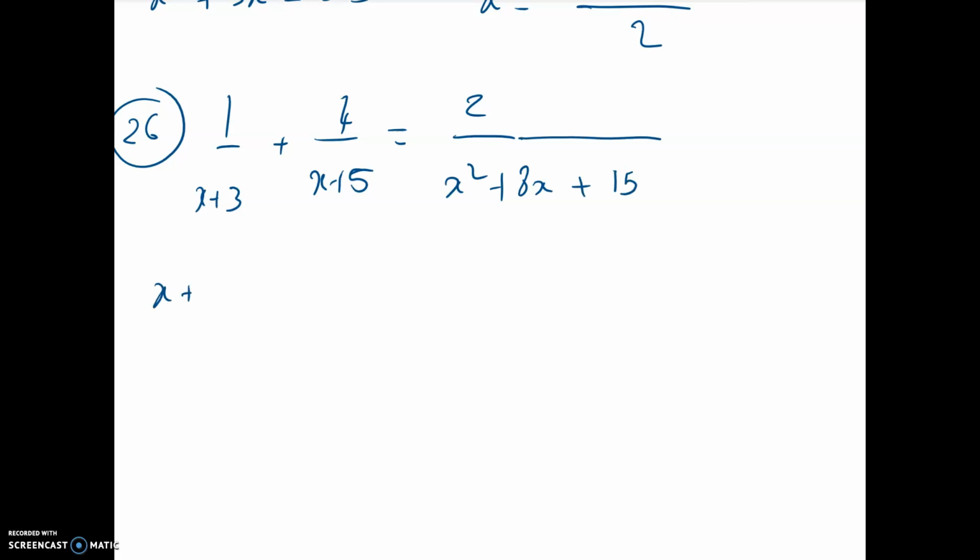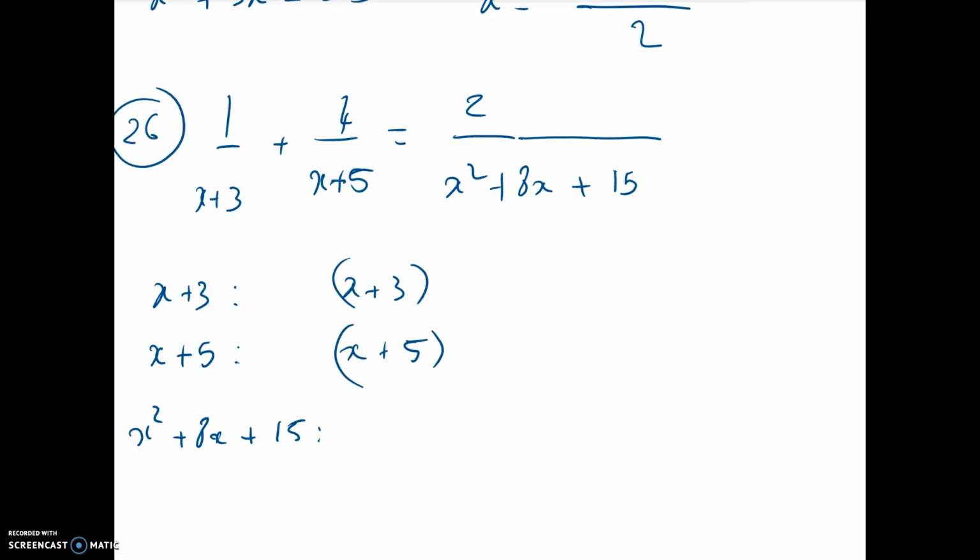So you are going to calculate the LCD by completely factorizing each denominator into primes. This is x plus 5, so x plus 5. And then x squared plus 8x plus 15. x plus 3 will be x plus 3, x plus 5 will be x plus 5, and x squared plus 8x plus 15 is going to be x plus 3 times x plus 5. Please check this out just in case.